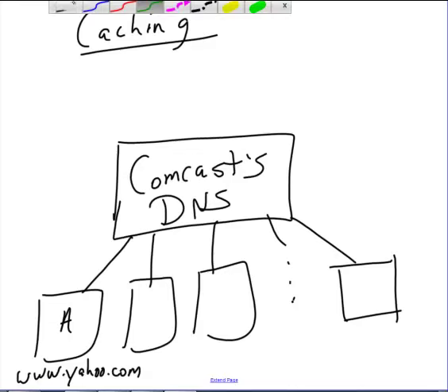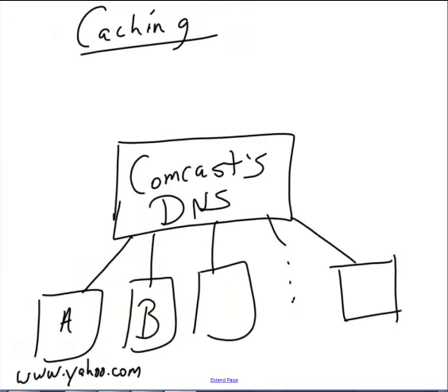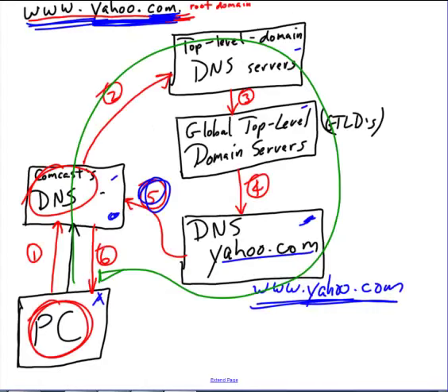So what if B also wanted to go to www.yahoo.com? Does it make sense to go through this entire process again? Or does it make sense for Comcast to cache that IP address for some amount of time?